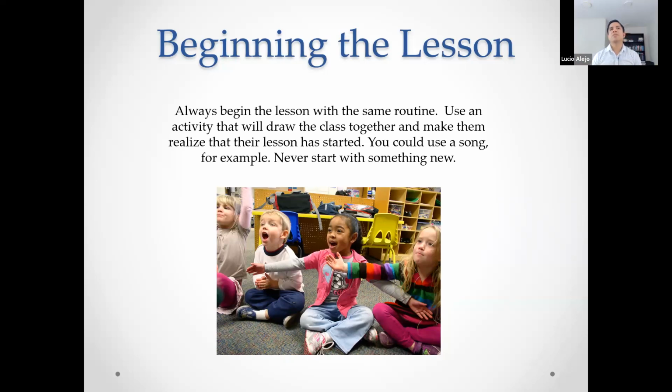I remember, for example, in my classes, when I used to teach at the university, I always played some music before I started my class. So while I was waiting for my students to join the classroom, I played some music, right? Just to wait until everybody can sit down and is ready to start the lesson.